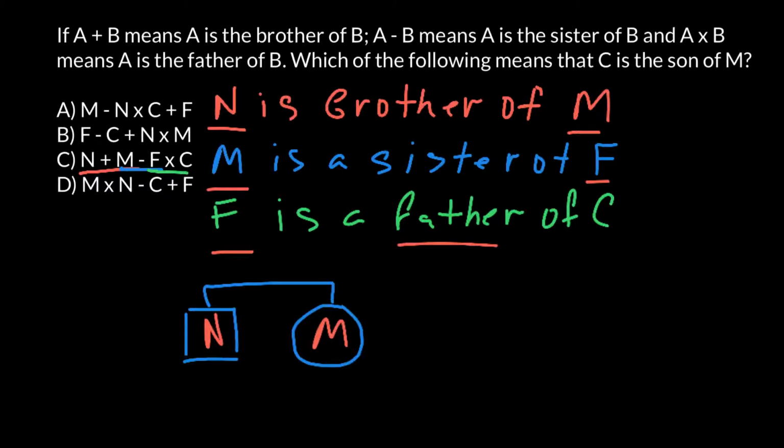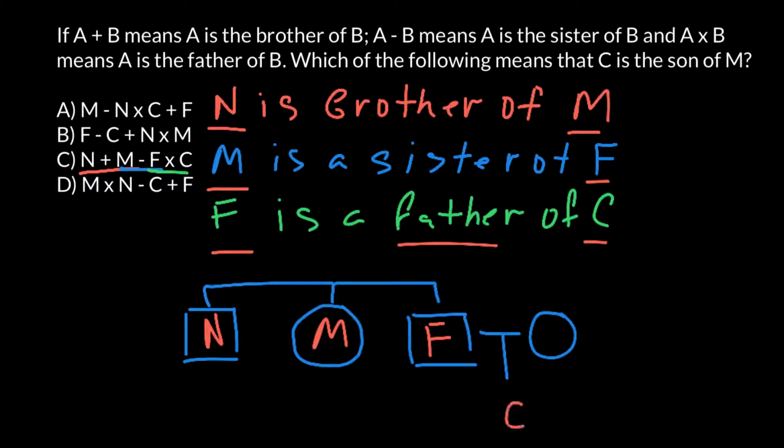So he is male and he is a father. He has a wife of the opposite sex, of course, and he is a father of C. So we put C here, and the sex is not specified.